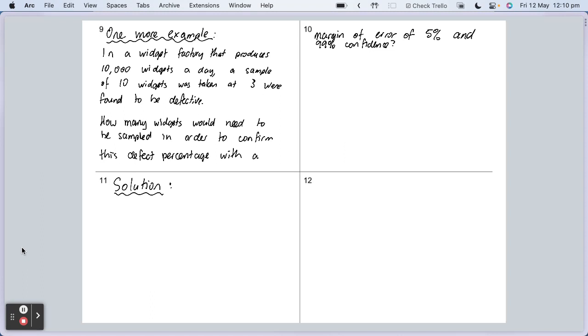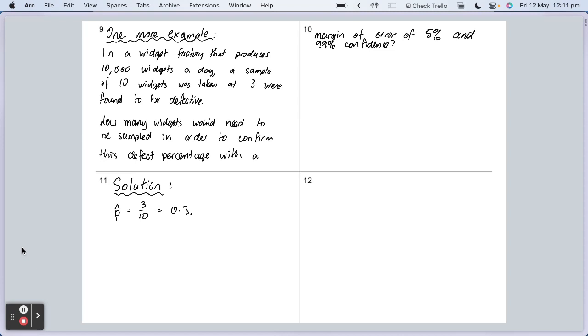So here is the solution. P hat, which we just talked about, equals 3 out of 10, which is 0.3. That's not a problem.